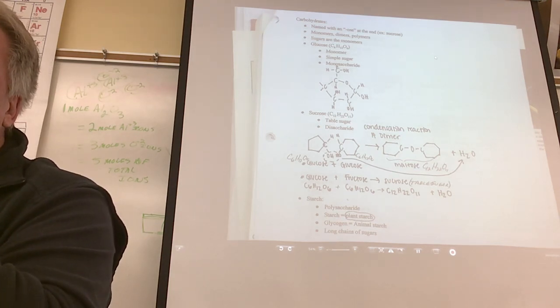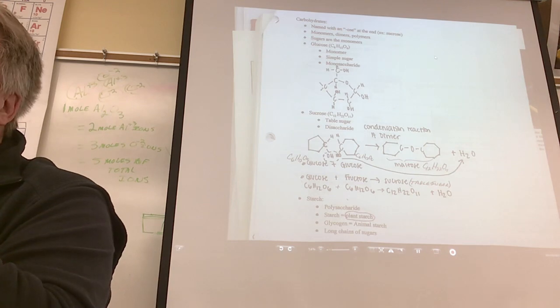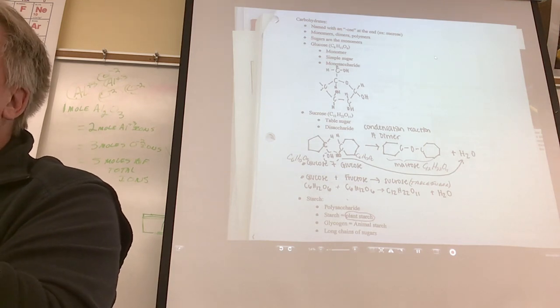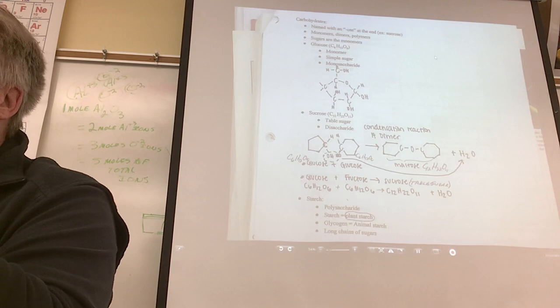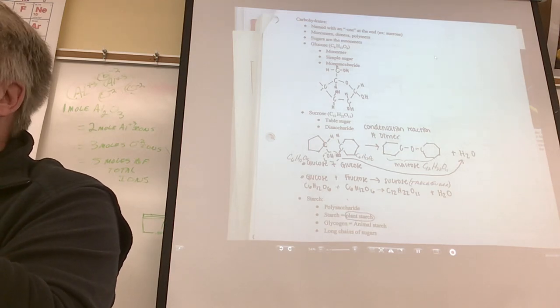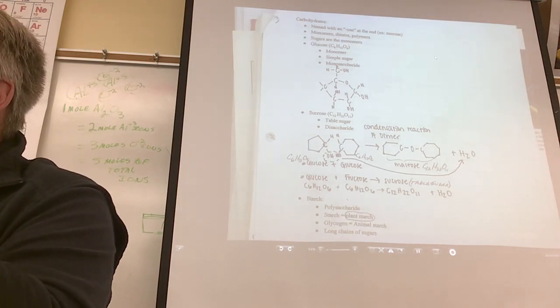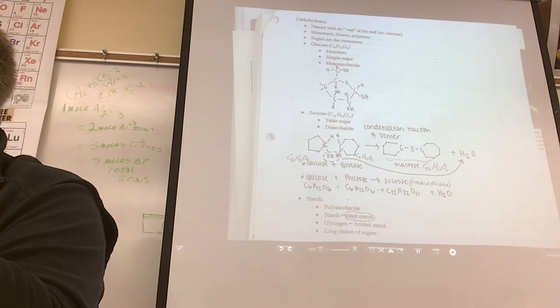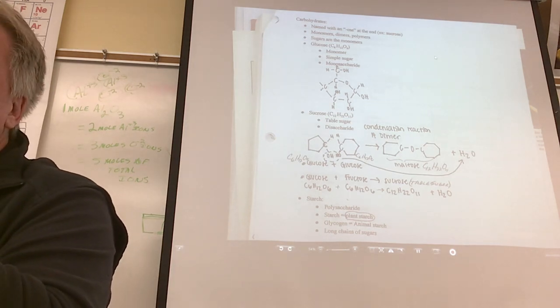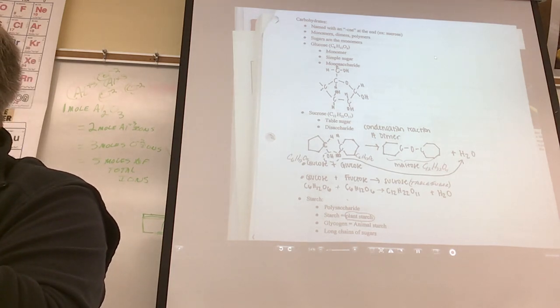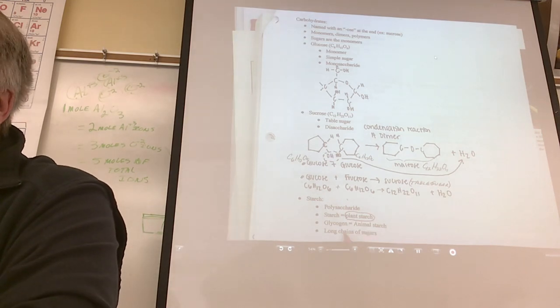Have you ever heard that word before? Glycogen. And when you're not eating, your body's probably using glycogen, and it's actually saying, give me some more of that glycogen, I'll break it down for my sugars because you haven't eaten for a while. And so a fancy name for animal starch is glycogen.